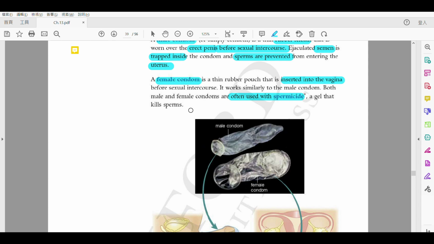So we also need to make sure that our partner takes out his penis after sexual intercourse, because otherwise, once the erectile tissue softens, the semen in the condom may leak out. And in that case, there is some news that this will lead to pregnancy. Just be aware of this.